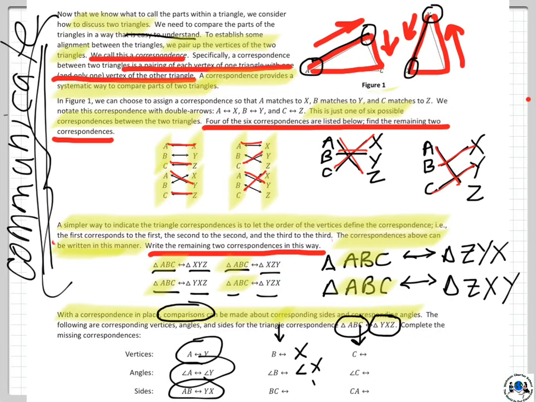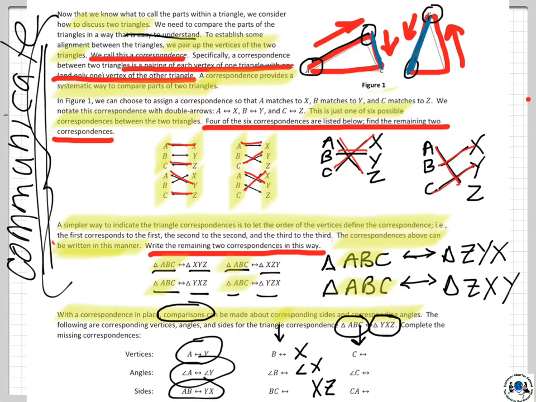And then the side BC, right here, corresponds to XZ. So again, we have a different kind of correspondence here.